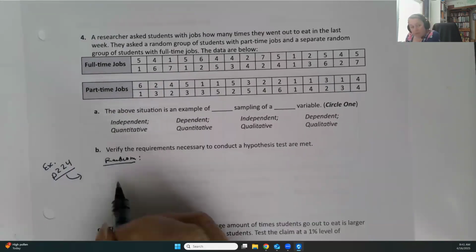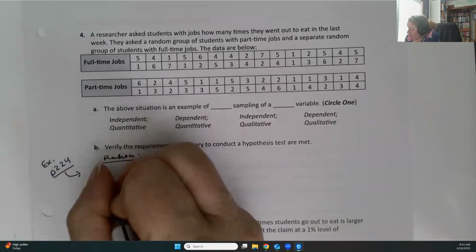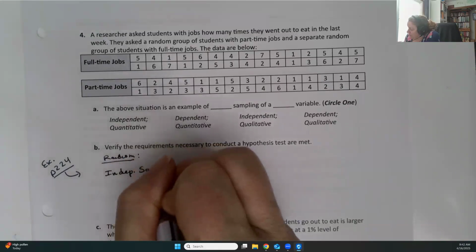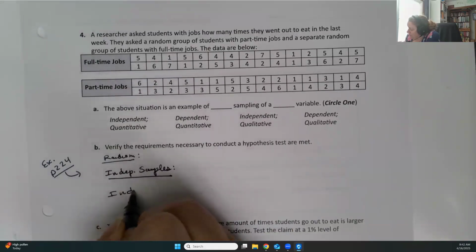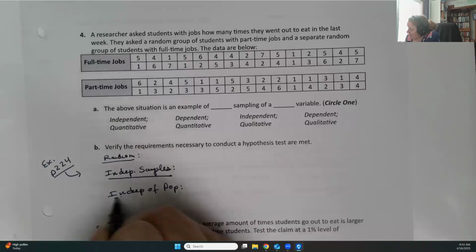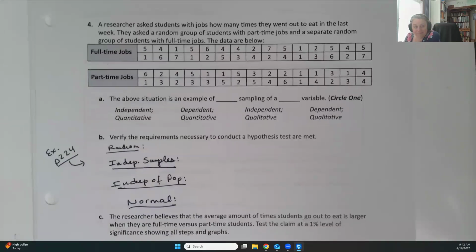Are they one group measured twice, or are they two separate groups measured once? Yeah, they're two separate groups.